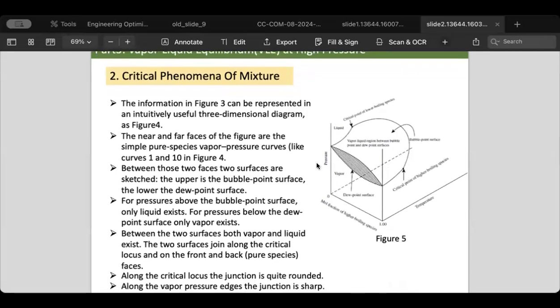Also, if you cut this way at constant pressure, you obtain the same feature. Finally, you get a closed sack, where the bubble point surface and the dew point surface approach the same value over here at the critical temperature and pressure, this point.